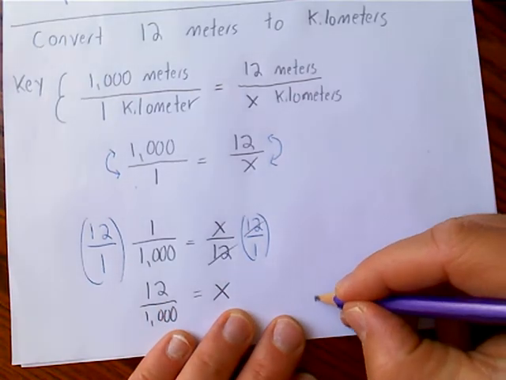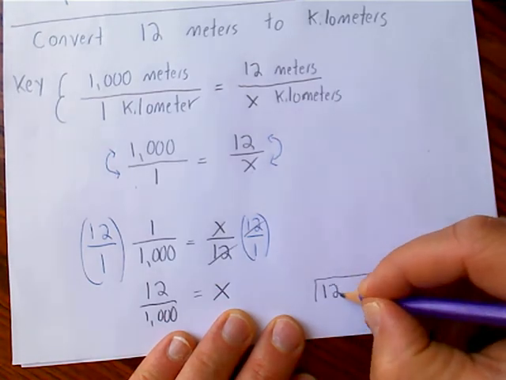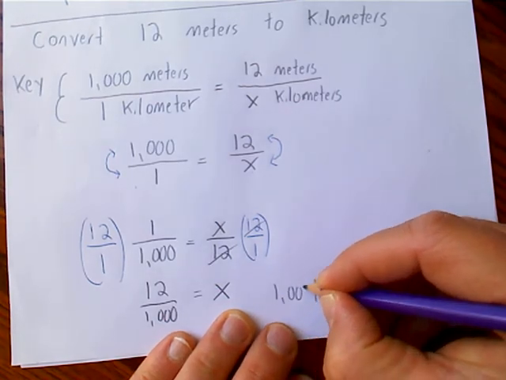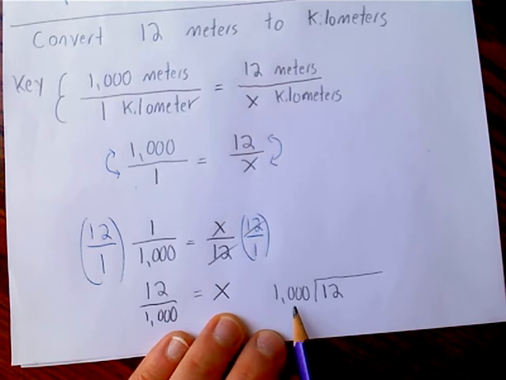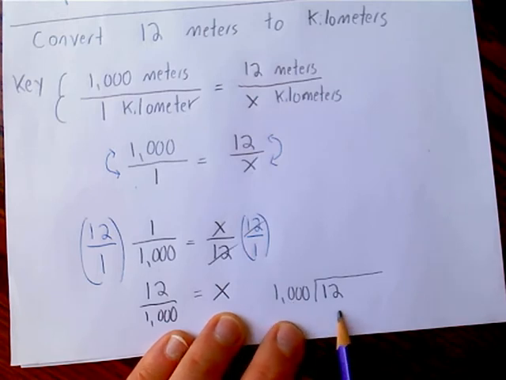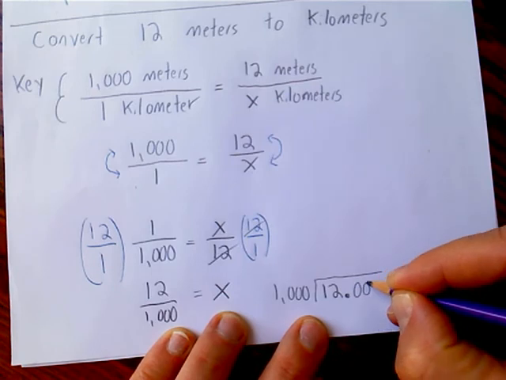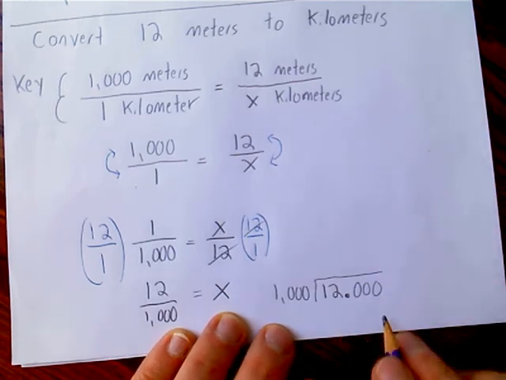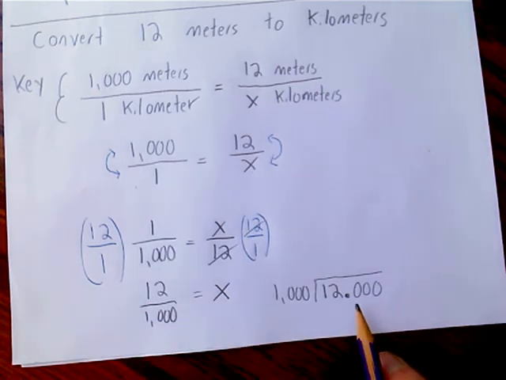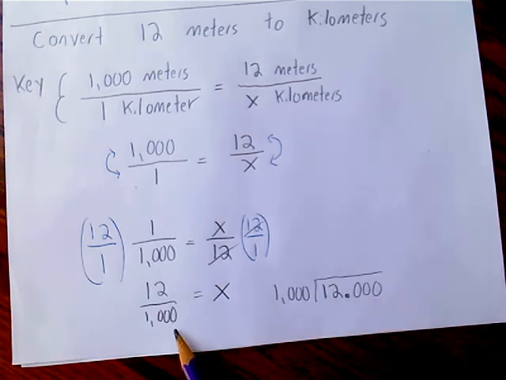Now I could do it this way and see how many times 1,000 goes into 12. This is going to be hard because I need to add a decimal point, add some zeros, and figure it out that way. But a trick for dividing by a denomination of 10 is very similar to what we've done before, but the decimal is going to go in the opposite direction.